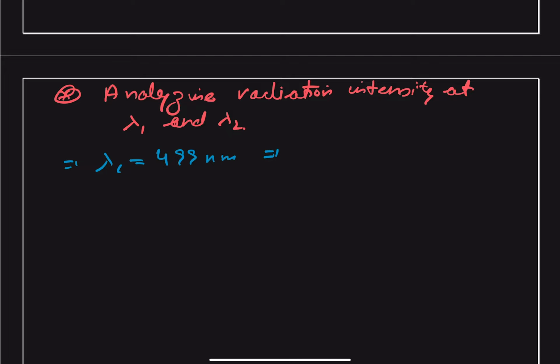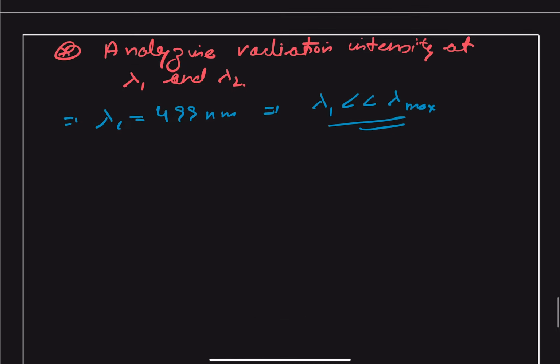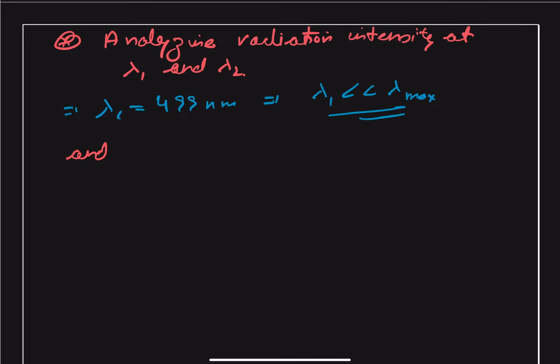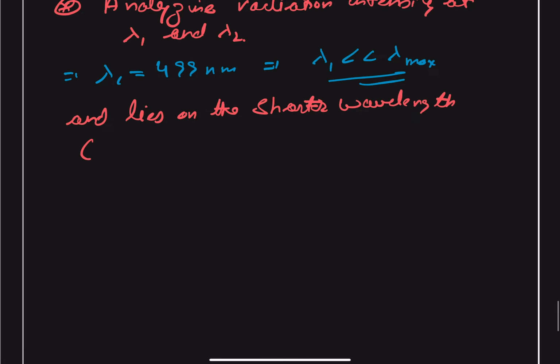From here we can easily see that lambda 1 is much smaller than the maximum wavelength, and it lies on the shorter wavelength side of the spectrum, which basically means high energy side.